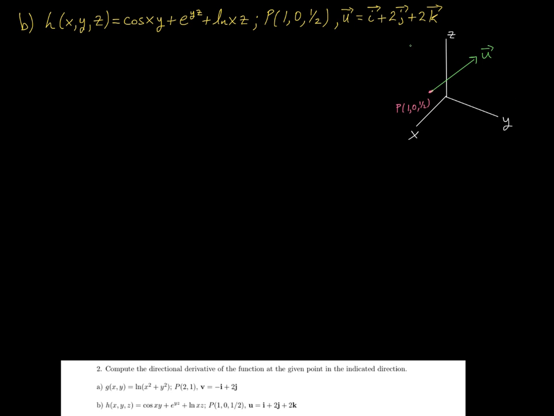So there's some temperature distribution, and this function h is just like a little thermometer: you feed it the coordinates of the point P, and it spits out the temperature at that point. Let's say we're located here in some room, and then we start heading in this direction u. What our directional derivative tells us is the rate of change of this temperature in the room as we move in the direction u.